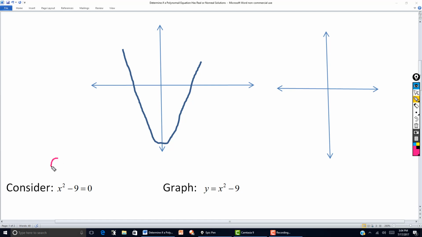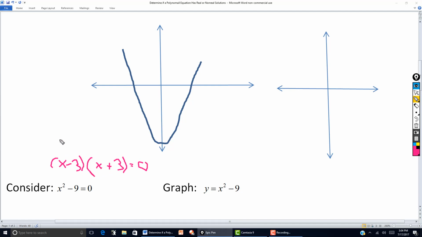So I could just factor this. One side is 0. So I factor it: x minus 3, x plus 3.